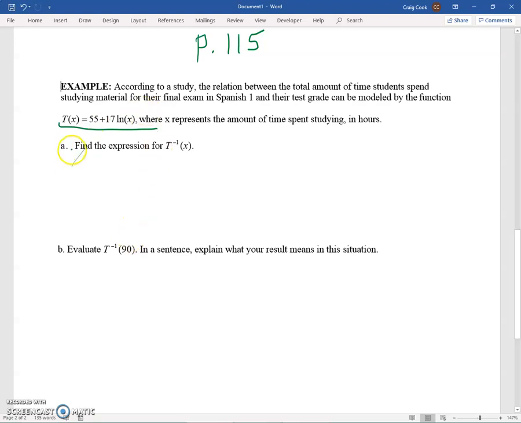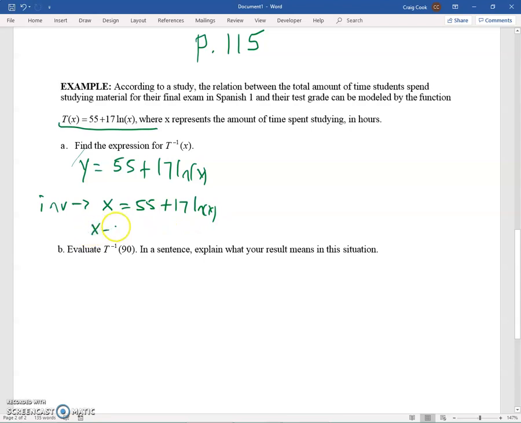So T of x, y of x, P of x, f of x doesn't matter. To find the inverse, we rewrite it just like we have done, and then we switch x and y. So we have x equals 55 plus 17 ln y.